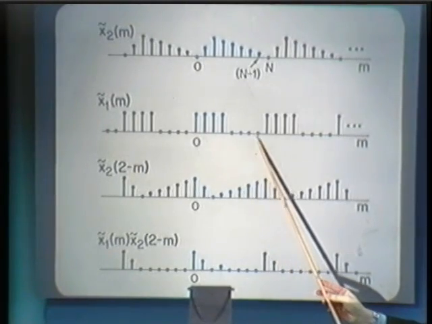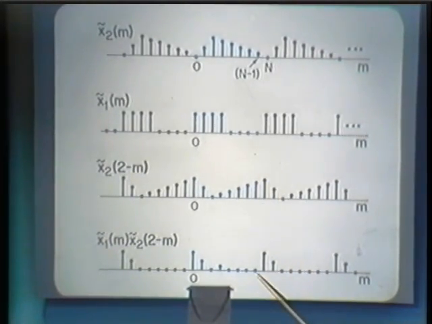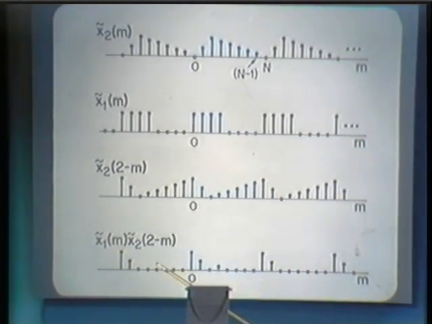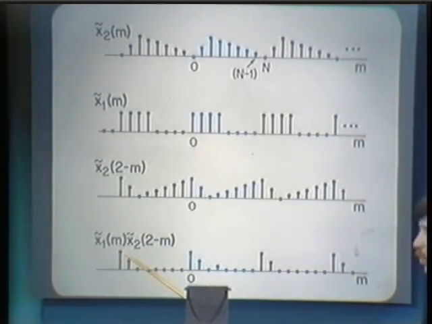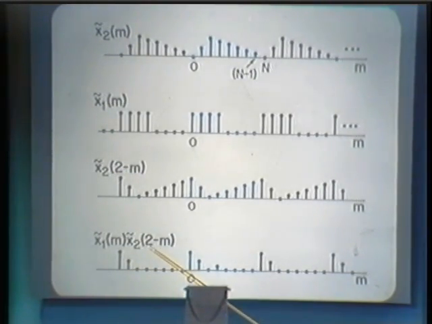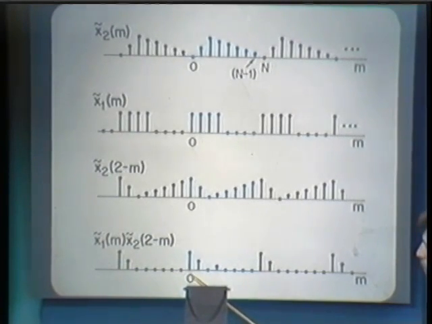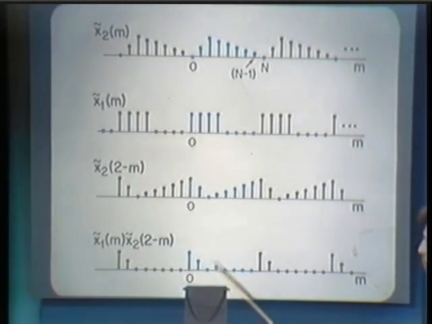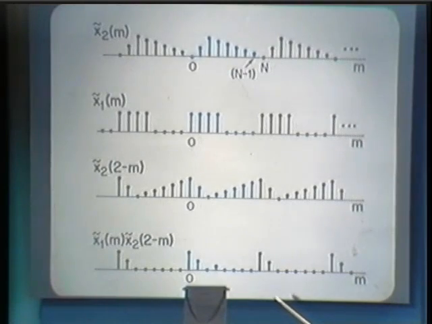The rest of the points in that one period get multiplied by 0. And then finally, to evaluate the result of the periodic convolution for little n equal to 2, we sum up those values in the range 0 to capital N minus 1.